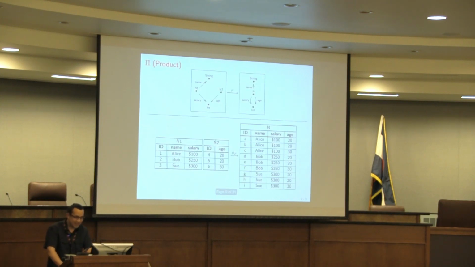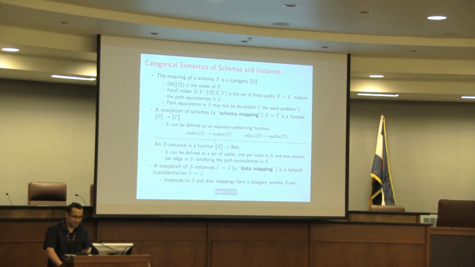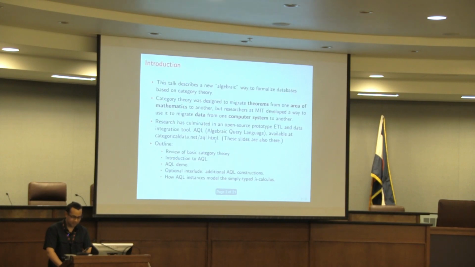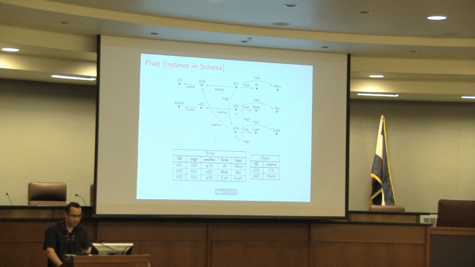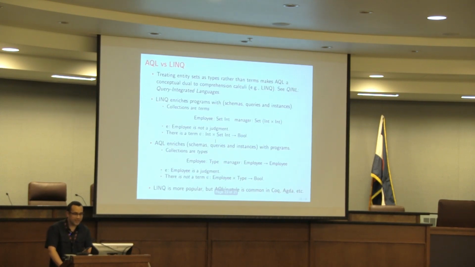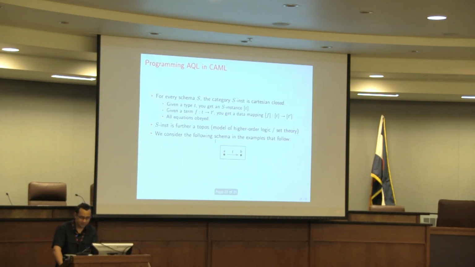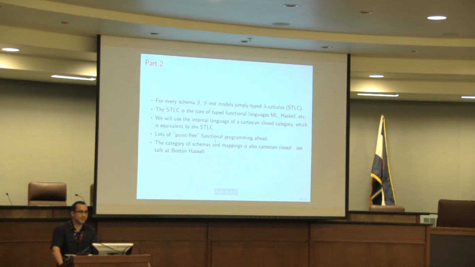Okay. Then in that case, I will talk about the second part of what I wanted to show you, which was the category of instances on a particular schema. So fix a schema S and consider the category of all the instances on it. That category is Cartesian closed. That means it is a model of the simply typed lambda calculus.